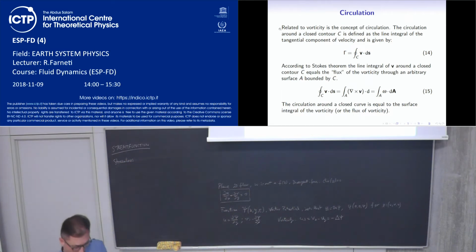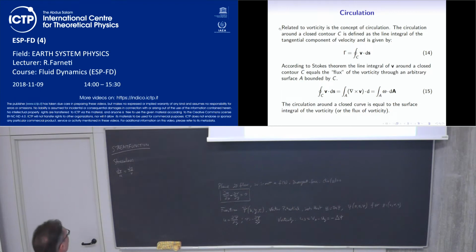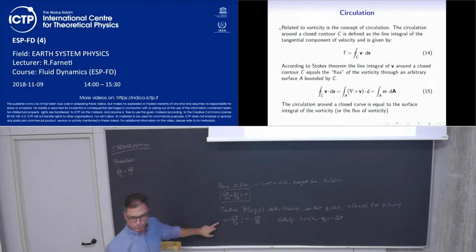And the equation for the streamlines was dx over u equals dy over v. Okay. And so now we can write this in terms of our new function psi.